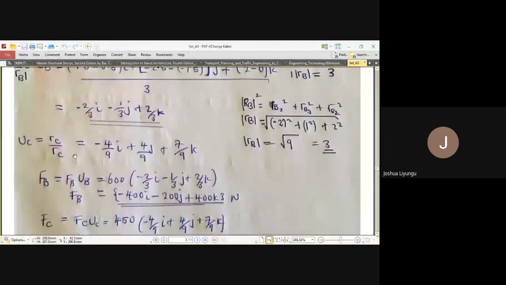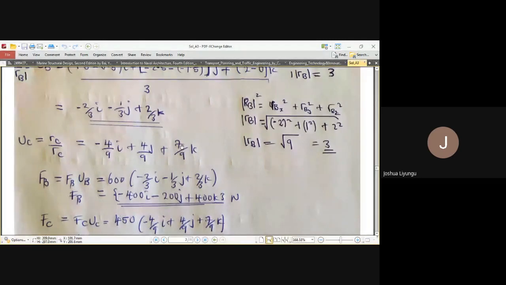Once you have that in Cartesian notation form, you multiply this unit vector times the respective force.